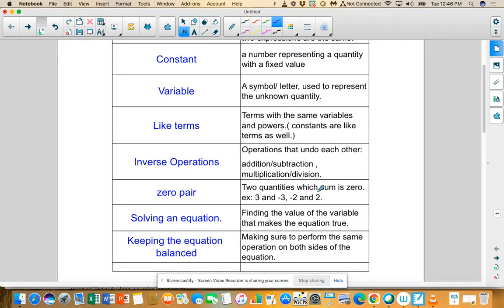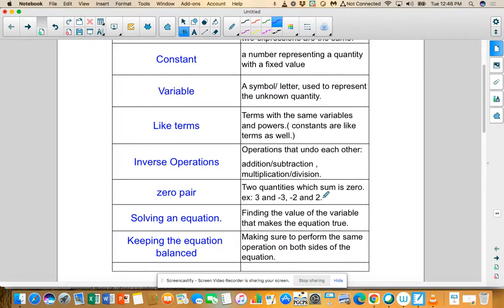Zero pair. A zero pair is simply a pair, pair meaning two quantities that add up to zero. So 3 and negative 3 would be a zero pair because they add up to zero. Same for negative 2 and positive 2.